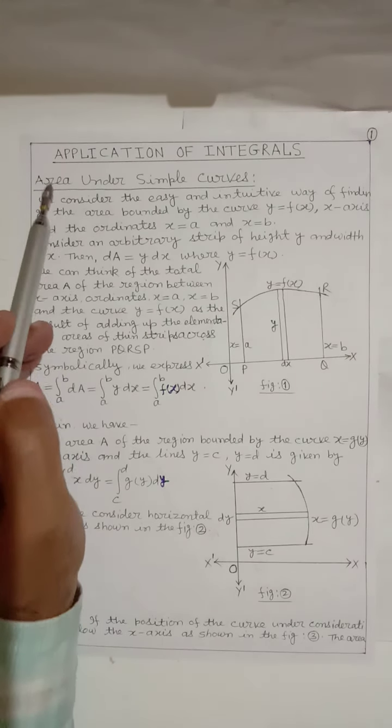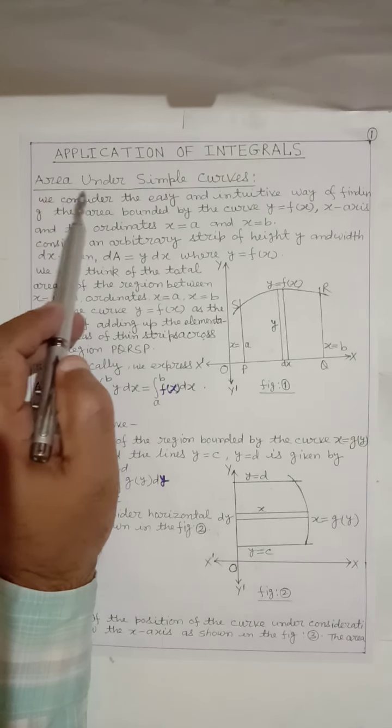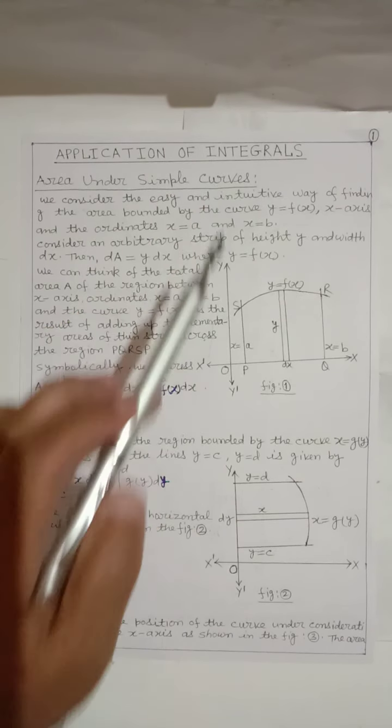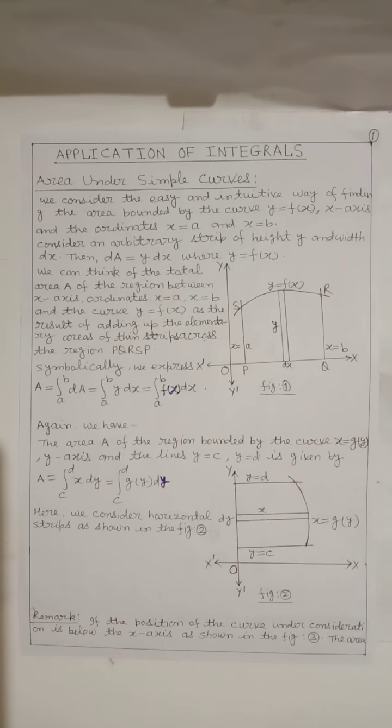Now we will discuss area under simple curves. Dear students, in the previous chapter we have studied the definite integral as the limit of a sum and how to evaluate a definite integral using the fundamental theorem of calculus.